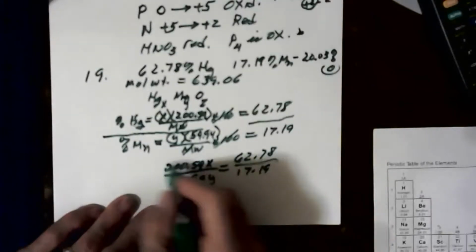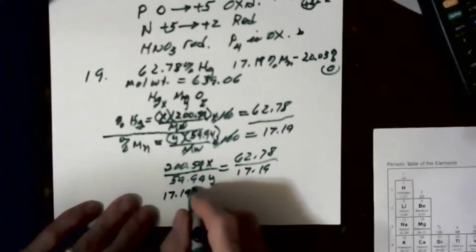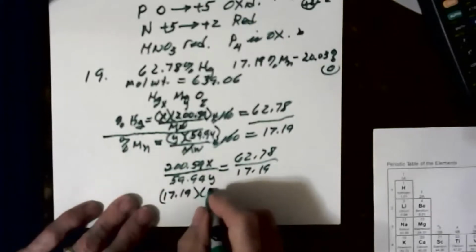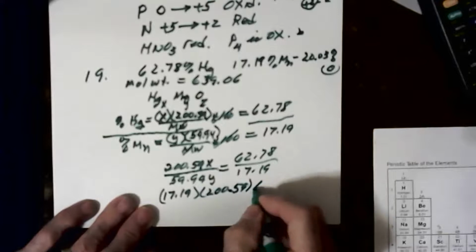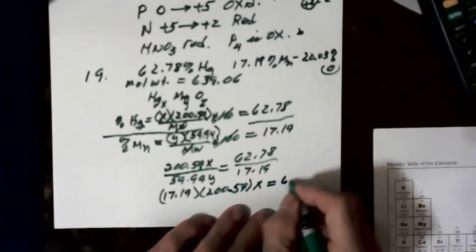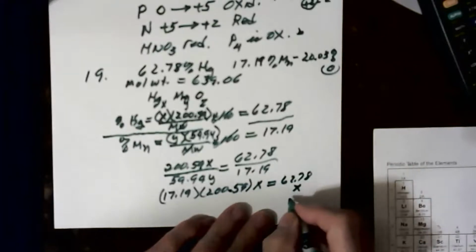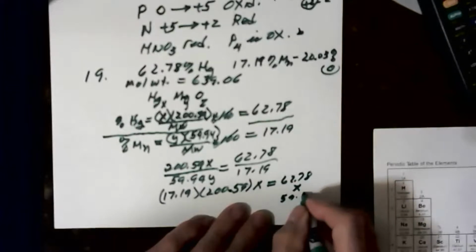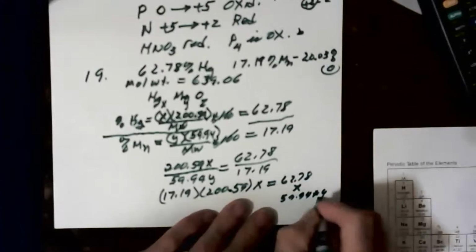I'll go ahead and cross multiply. 17.19 times 200.59 times x will equal 62.78 times 59.94 times y.